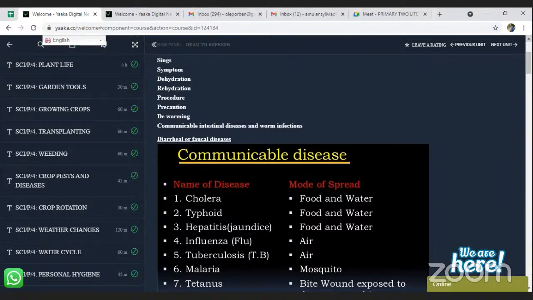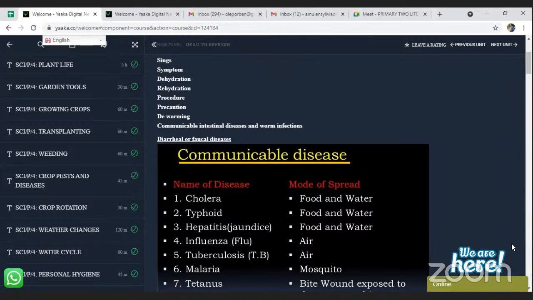Effects or dangers of diarrhea: it causes dehydration, it can lead to immersion. Control of diarrhea: boiling water before drinking it, killing houseflies by spraying, washing hands before handling food, proper disposal of human feces, washing utensils before using them.